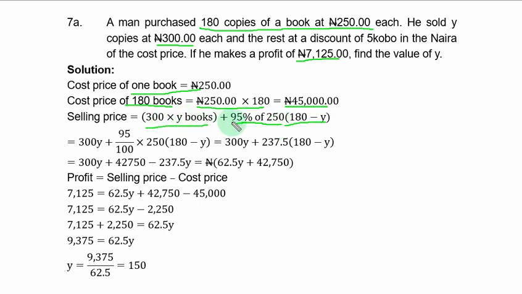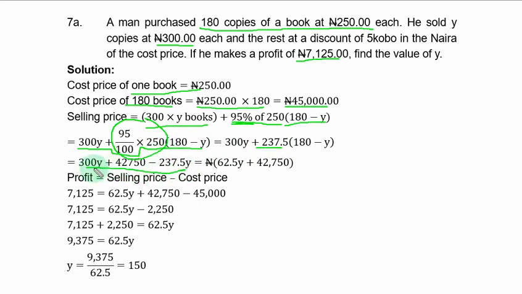So if you convert this from percentage, you have 300y plus 95 over 100 times 250 bracket open 180 minus y. Everything you have here simplifies to this. If you open the bracket, you have this result.